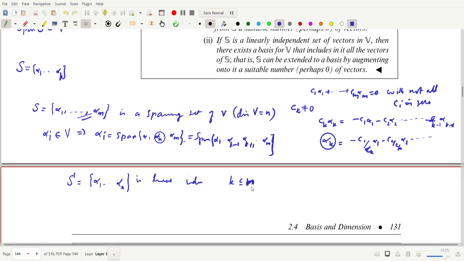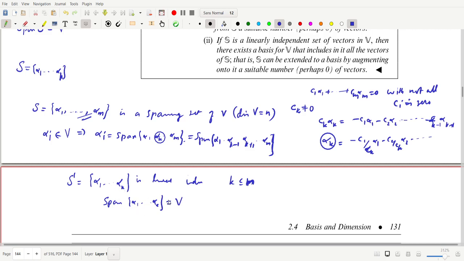Okay, now since this is linearly independent, consider the span of alpha 1 etc. alpha k. If this is equal to V, then we are done. If this is equal to V, that means this is a basis. Okay, it is linearly independent, and if it spans V, then that is the basis.